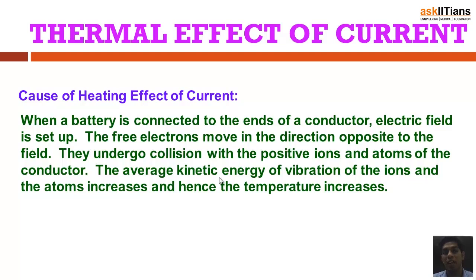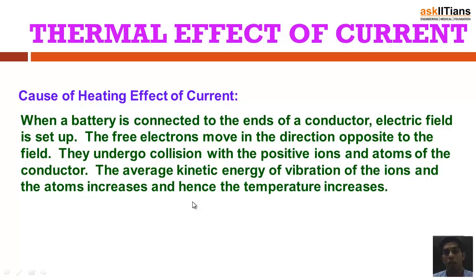When they gain extra kinetic energy, they start to vibrate rapidly, at a higher rate. This results in an increase in temperature. So that's the reason behind heating of the conductor when the current is passing through it.